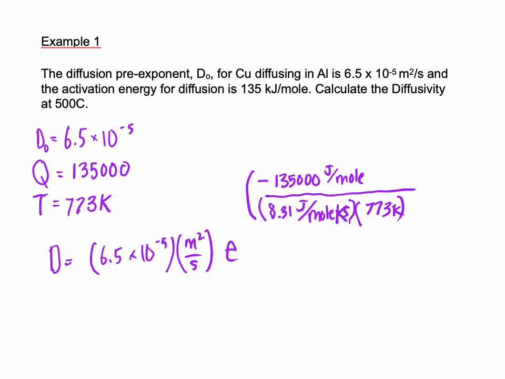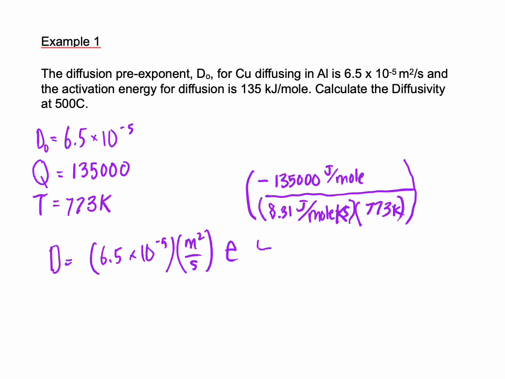So the Kelvins cancel, the joules cancel, the moles cancel, and there are no units in this exponent. Now that's not always the case. Just know that nothing happens to the units by taking e to a power. So let's see, we've got 135,000 divided by 8.31 divided by 773.